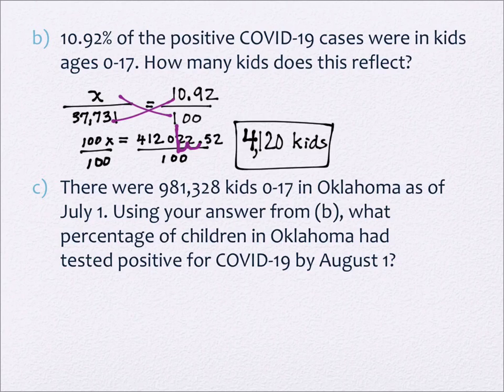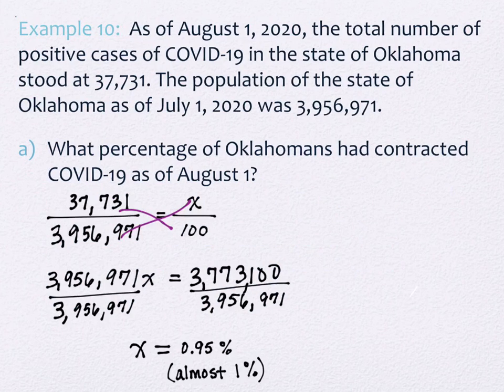At the time, again, another number based on July 1st data, there were 981,328 kids in Oklahoma. Using your answer from Part B, what percentage of children in Oklahoma had tested positive? So our total population had been 1%, right? 1% of the population had tested positive.